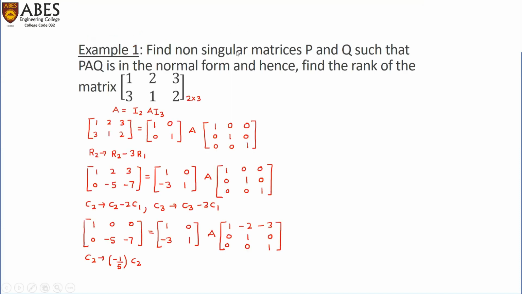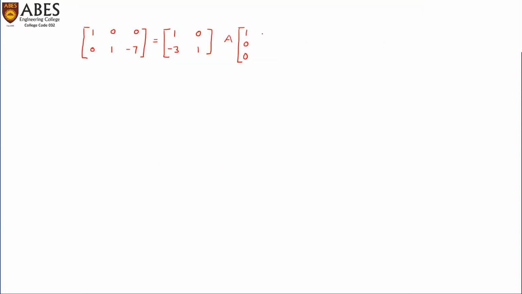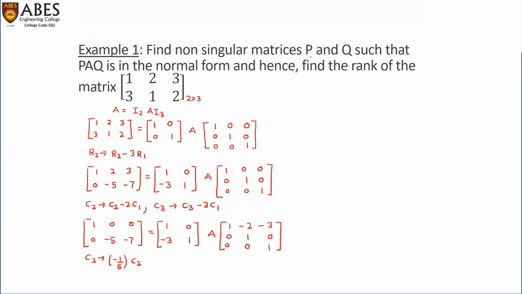This becomes 1, 0, 0, 0, 1, minus 7, with pre-matrix 1, 0, minus 3, 1, and the post-matrix entries 1, 0, 0, 0, minus 1 by 5, 0, minus 3, 0 and 1.